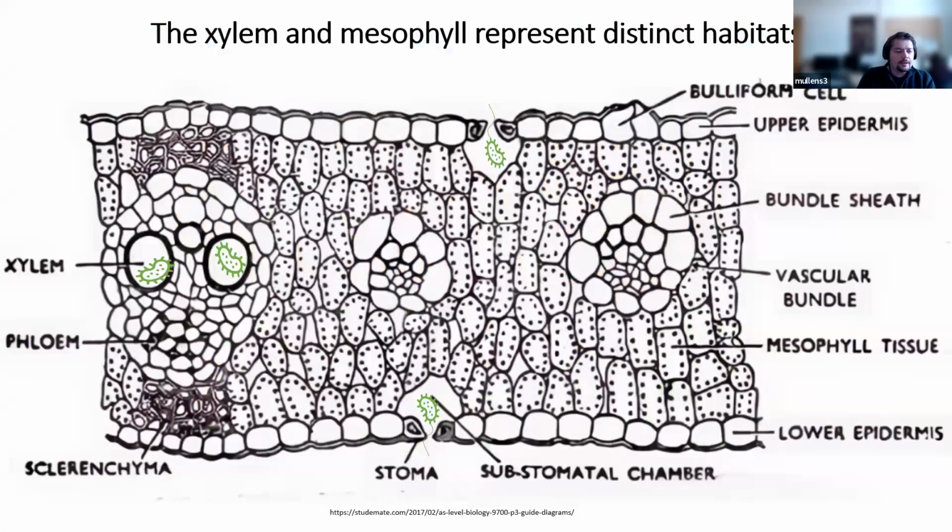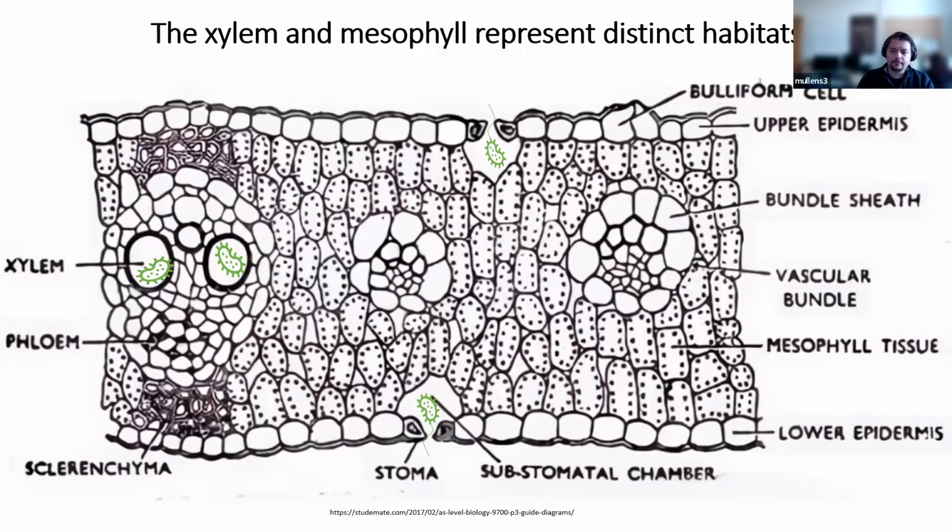All right, so before we begin, I want to get everybody thinking about how a maize leaf actually has different habitats in it for a bacterial pathogen to colonize. So the mesophyll is one habitat and the xylem is another one. And they're very distinctive. The mesophyll has living cells, it's gas-filled spaces, relatively nutrient-rich, whereas the xylem is fluid-filled, constructed of dead cells and relatively nutrient-poor.